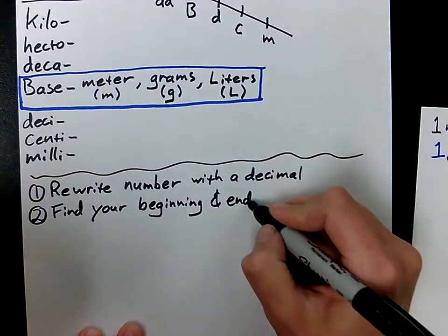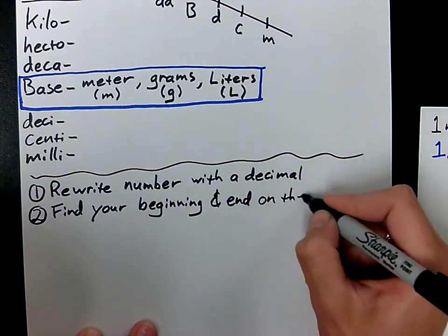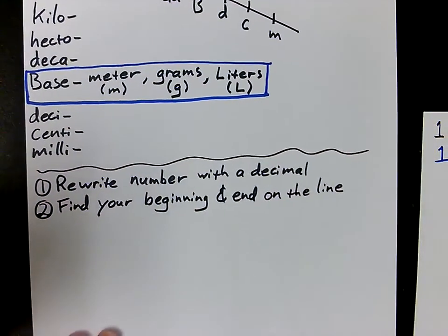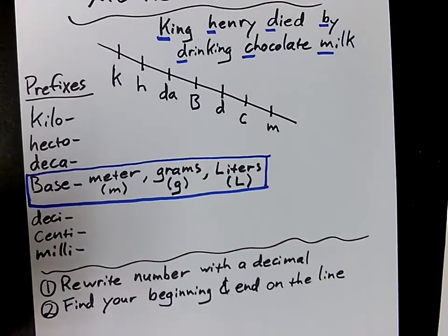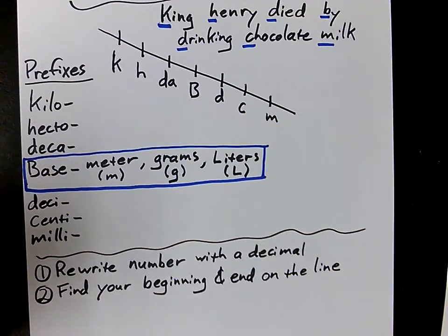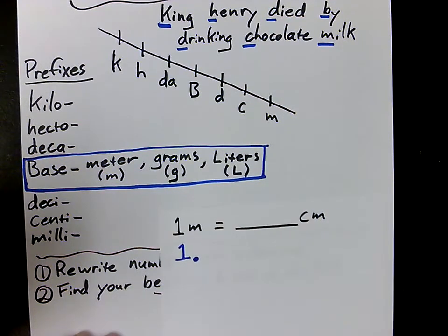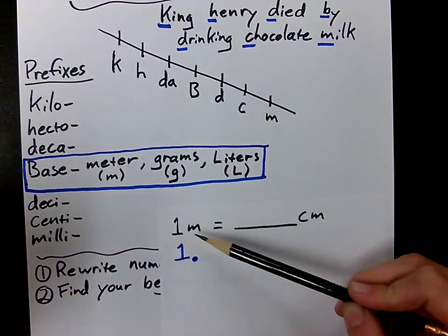Beginning and end on the line. Okay? So we can use this one up here. And let's move this to here. So we want our beginning and end. So we need to find, this is 1 meter.